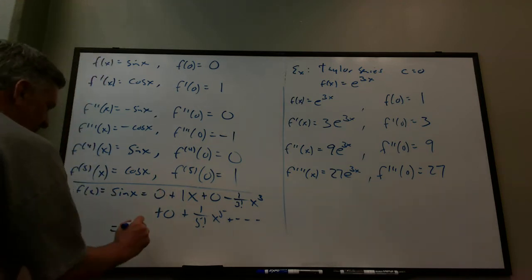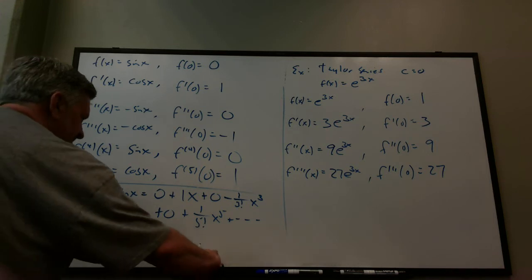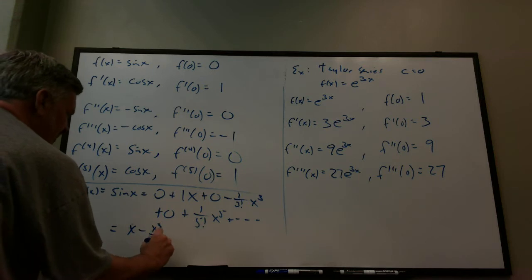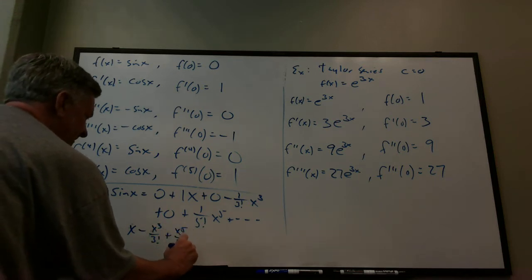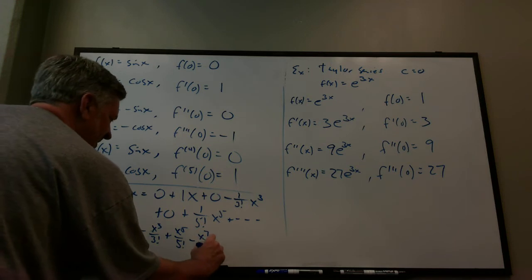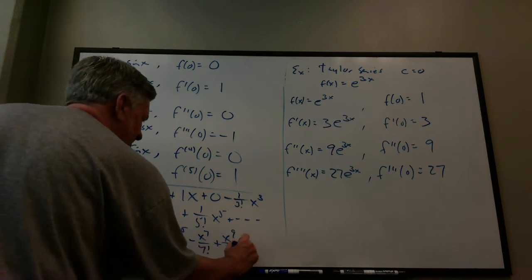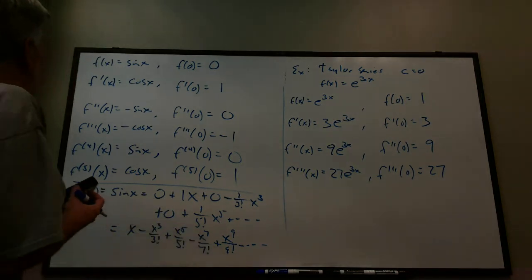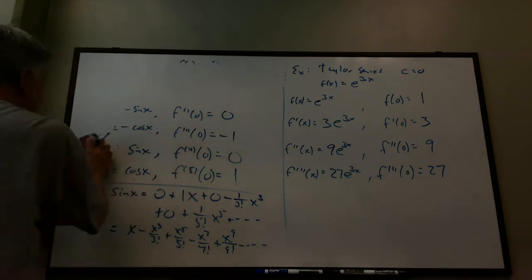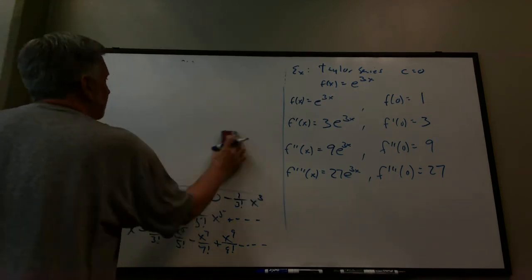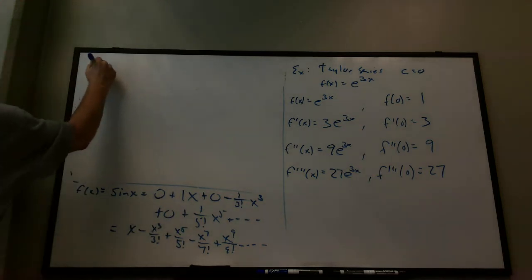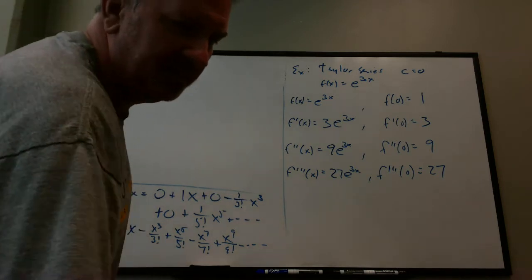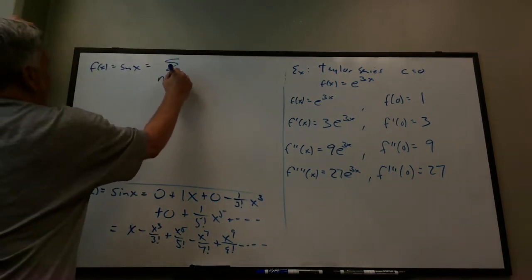So from that pattern, you can see it's x minus x cubed over 3 factorial plus x to the 5th over 5 factorial minus x to the 7th over 7 factorial plus x to the 9th over 9 factorial minus dot dot dot. So you can see the pattern there. And now that you see the pattern, we can write this as a sum. I want to keep the standard notation here, so we can go n equals 1 to infinity.